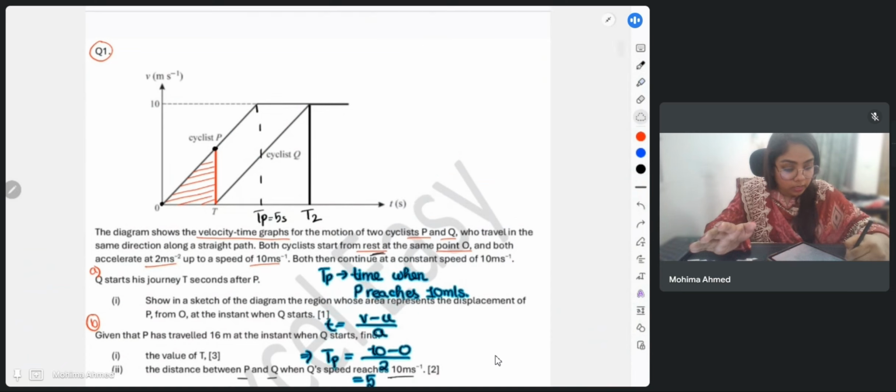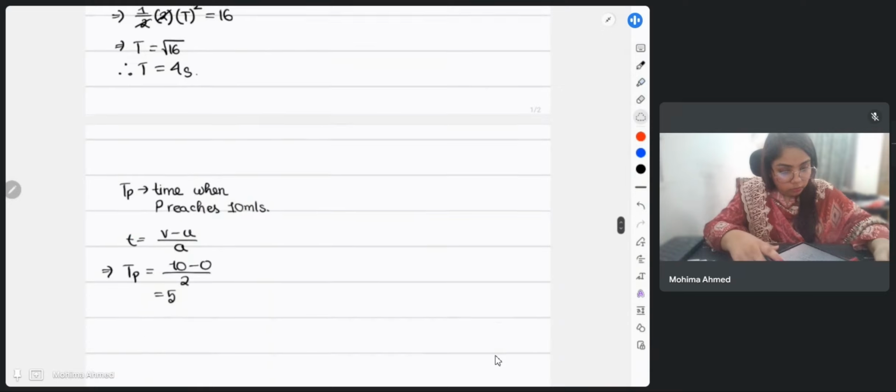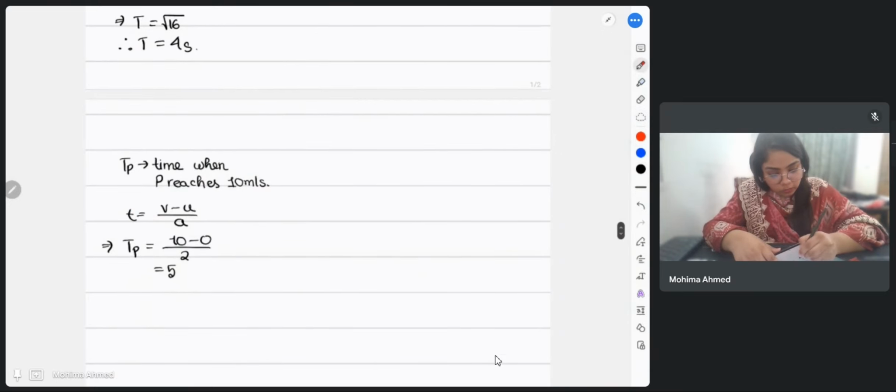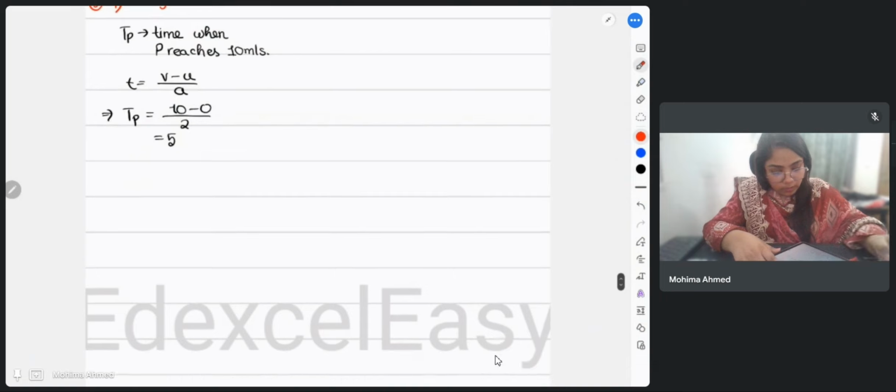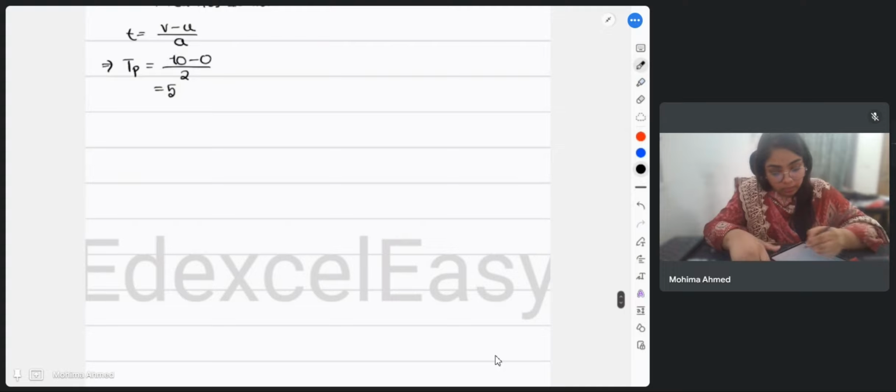This is the calculation for your B part 1, so B part 2. And we used information of cyclist P so far over here. This is B part 1. And then again, we're going to find the time taken for that T2. After the time when cyclist Q reaches that 10 meters per second, what was the value for time then?